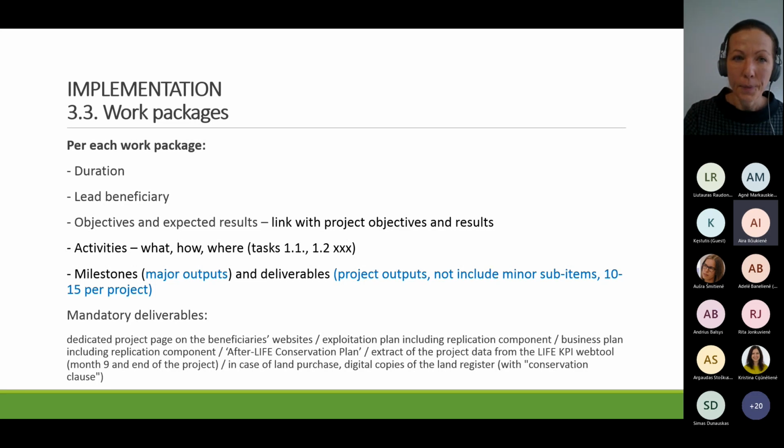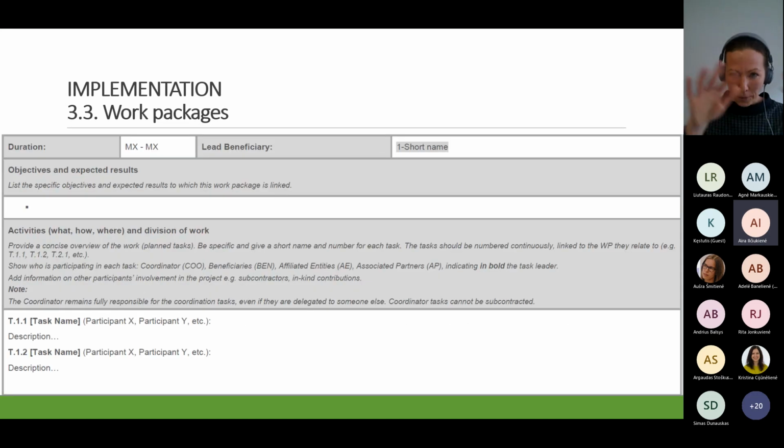And then, yeah, this is how the whole page looks, where you have to enter your information. You talk in months, so it's month 1 to month 10 or so, whatever. Then you have a lead beneficiary number and name. The number is according to the order you have put them into the system of eGrant.